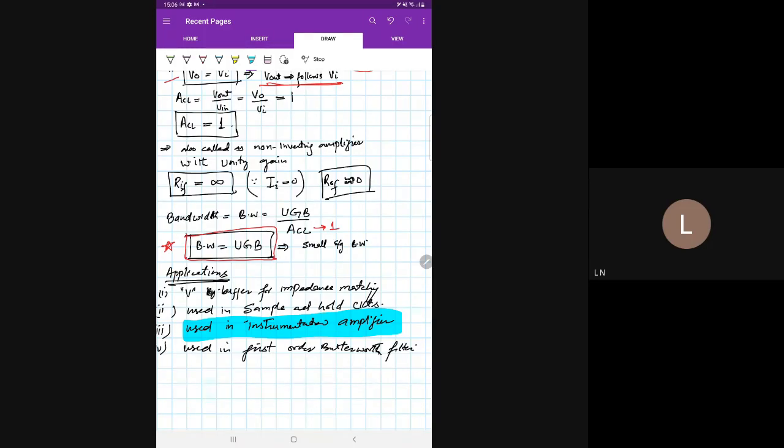So they are also used in instrumentation amplifiers, special amplifiers which are used in sensors. They are used in picking up very weak signals and then amplifying them to a level appropriate for analysis.